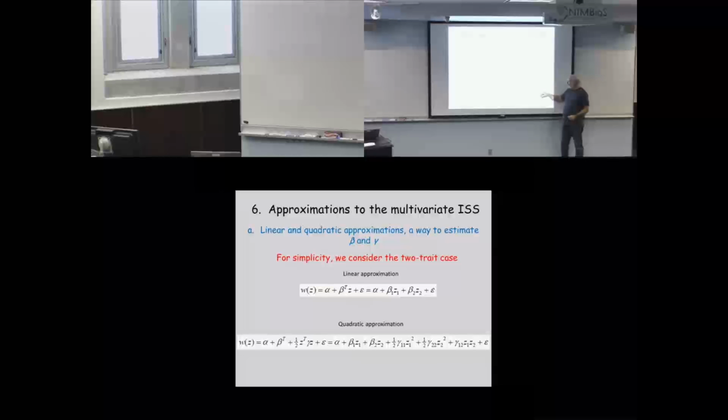If gamma is positive, selection is tending to increase the correlation between the two traits. So a positive gamma 1,2 implies that the surface is tilted upwards in the trait space. A negative gamma 1,2 describes that the surface is tilted down. Okay, so in general, those are the rules for interpreting the coefficients.